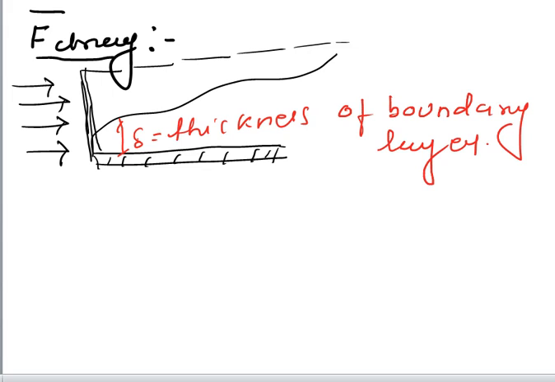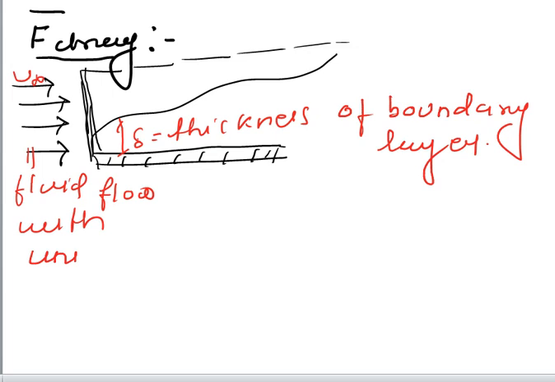So this is the thickness of the boundary layer, and let this be the free mean velocity, the uniform velocity. This is fluid flow with uniform velocity.